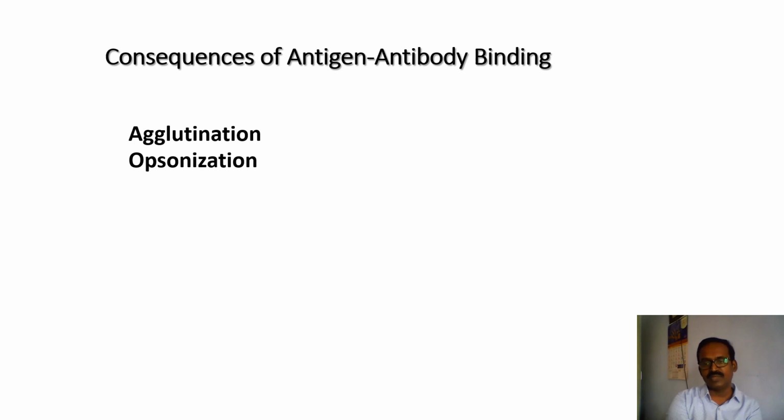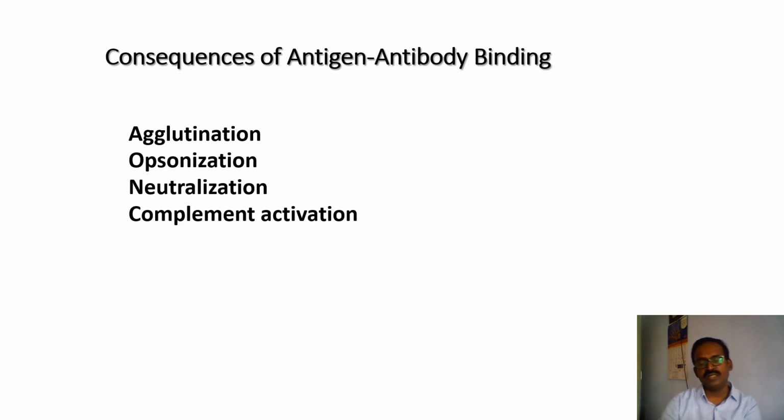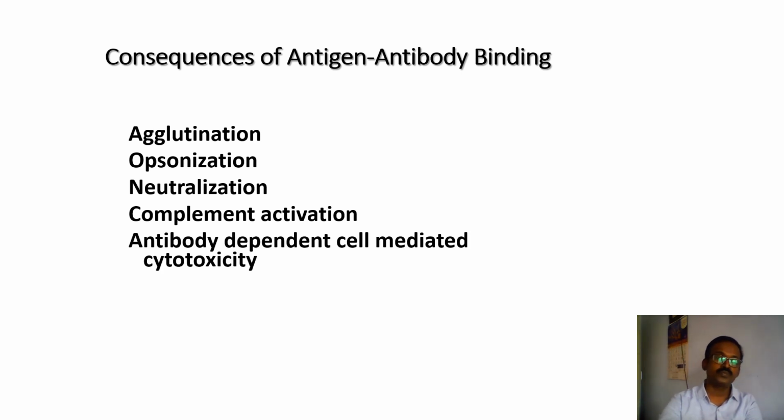It is engulfed by the macrophages, that is called opsonization. The antibody neutralizes the antigen and kills the bacteria. Immunoglobulin IgM activates the complement system that kills the bacteria. And antibody dependent cell mediated cytotoxicity lyses the bacteria.